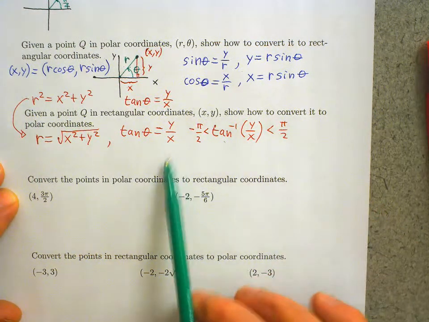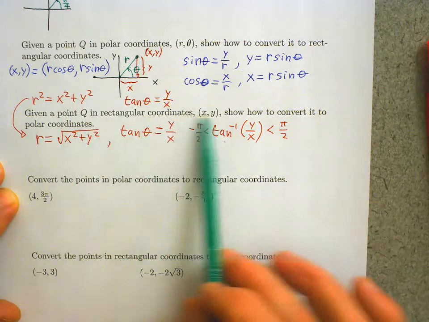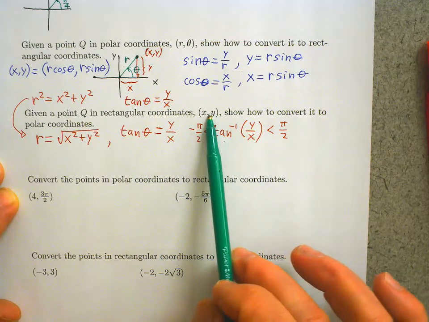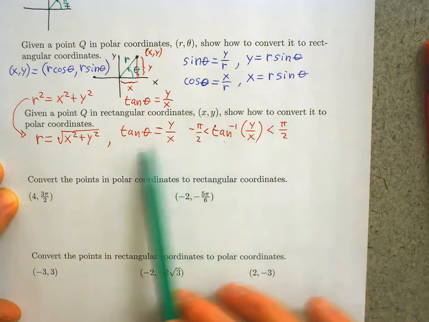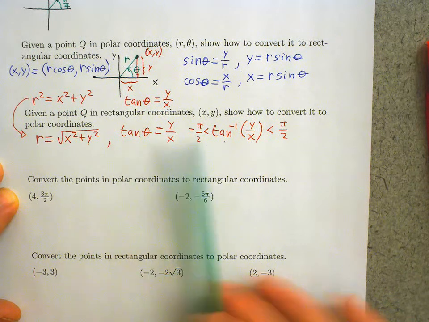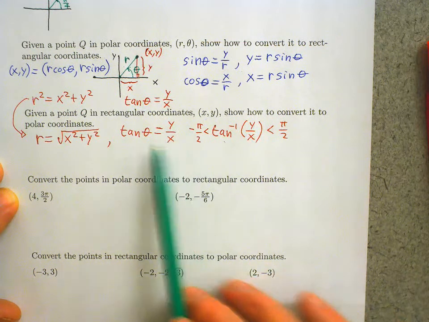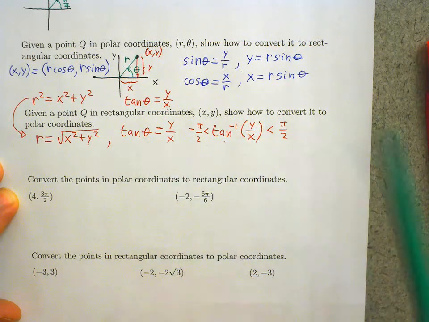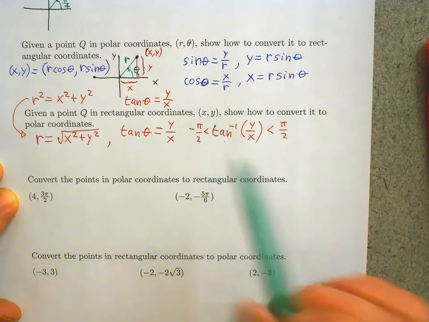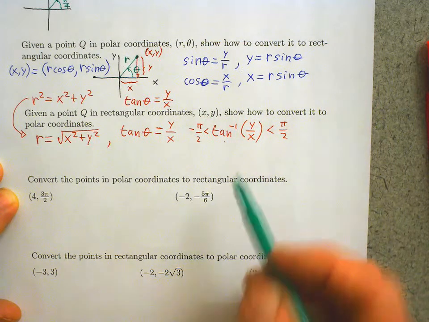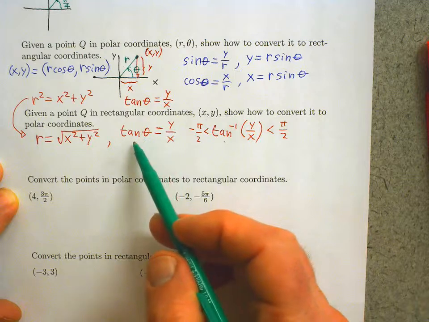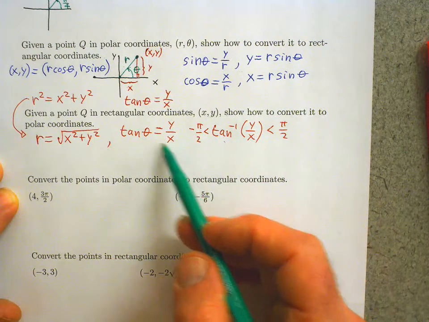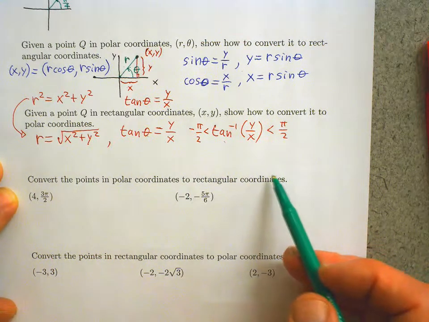So if the point that we're working with is in the first quadrant, then the inverse tangent of y over x will be theta. And also, if the point is in the fourth quadrant, then the inverse tangent will give us theta in the fourth quadrant.